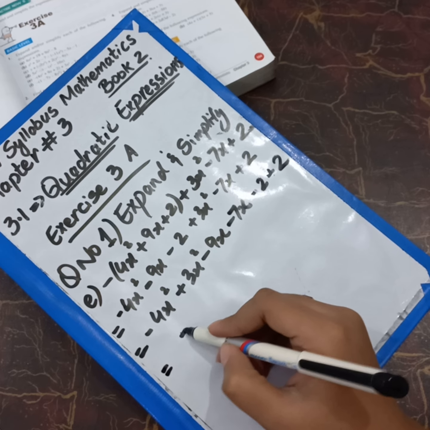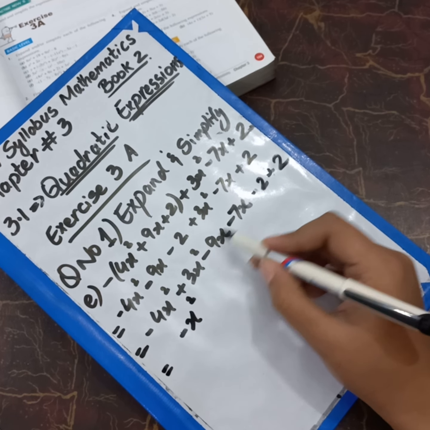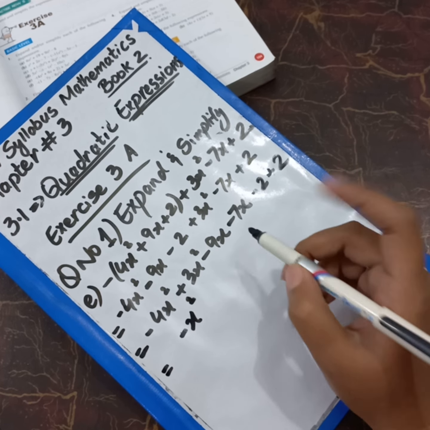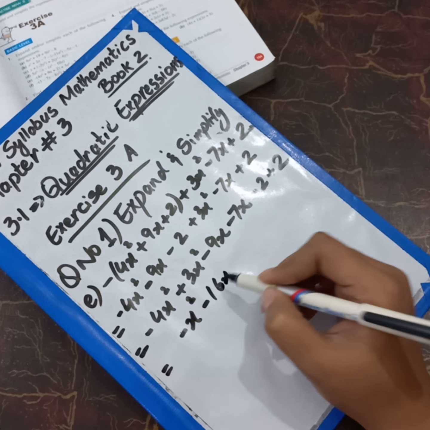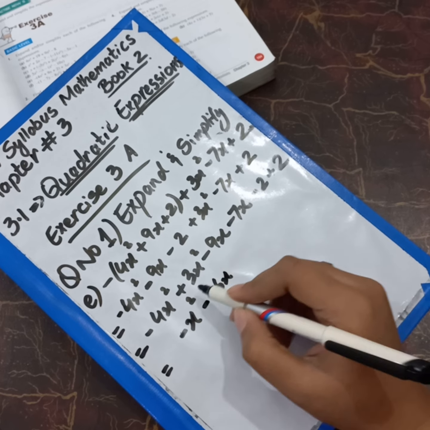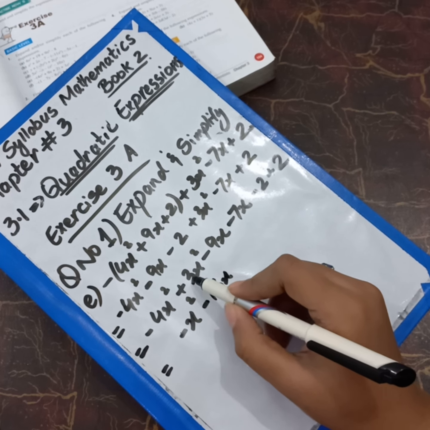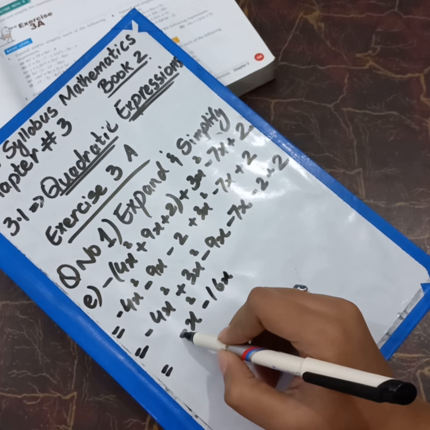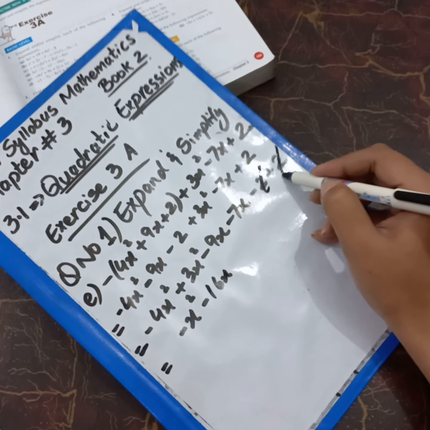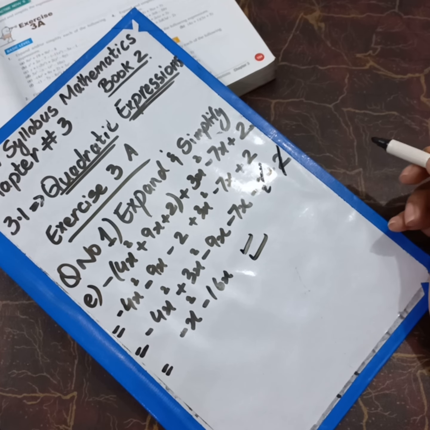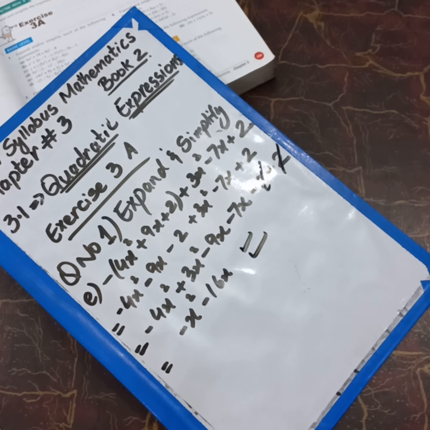You are getting minus x square, minus minus plus. We need to add them. So 9 plus 7 is 16x, and the sign of greater value. Remember, always whenever you are solving two terms or three terms together, the sign that will come with their answer is of the greater value. Minus 2 plus 2, it will be cancelled out, 0. So this is your answer of E part.